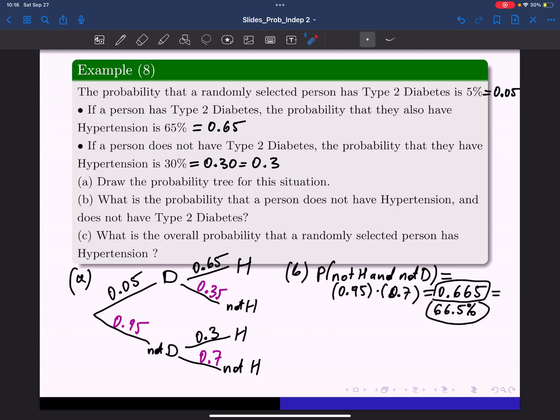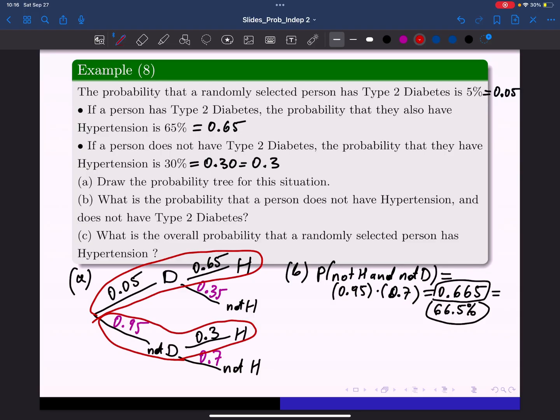Now for part C, what is the overall probability that a randomly selected person has hypertension? So hypertension, and we're looking at the branches. For part C, the branch that gives me hypertension is this branch, and the second branch that gives me hypertension is this branch. So part C, the probability of H, hypertension, is, first we multiply what is on that branch, plus what is on the second branch.